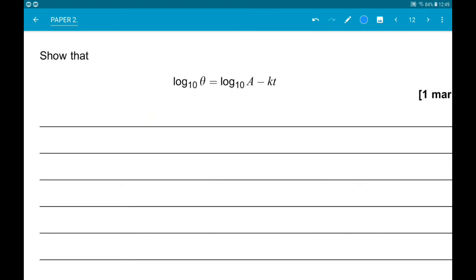Part B, show that log 10 theta is log 10 A minus KT. Okay, so log both sides, we get log 10 theta is log 10 of A times 10 to the minus KT. Now, on the right, we can split that into 2 logs.